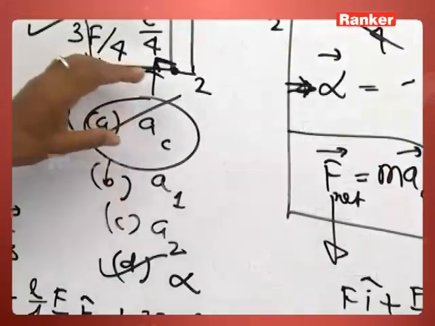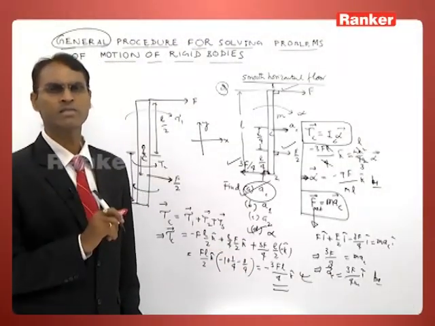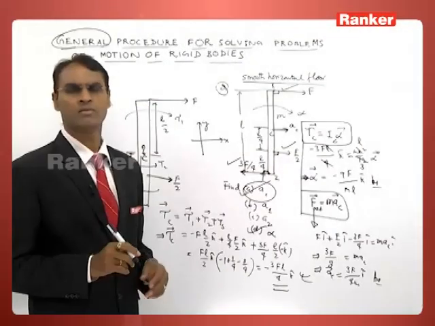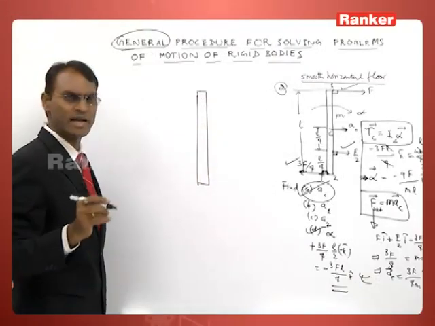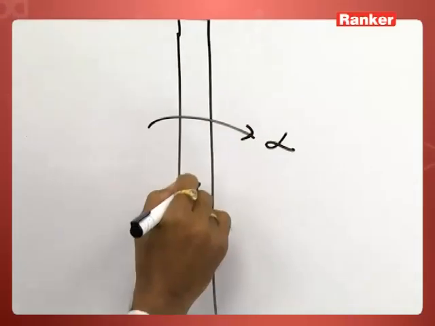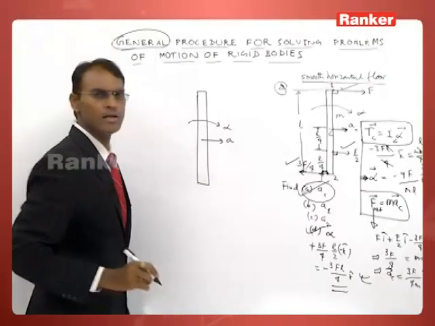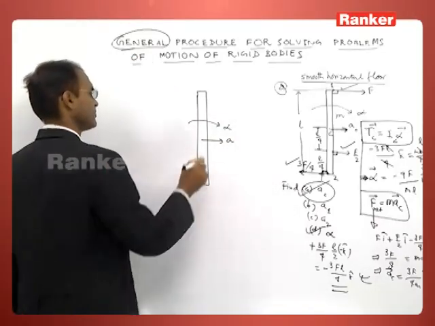After getting the center of mass acceleration and alpha, by using the kinematical equations of rotation, the acceleration of the endpoints of the rod can be calculated. Let us draw the kinematical diagram. Alpha is clockwise, acceleration of the center of mass AC is directed towards right or positive x direction.